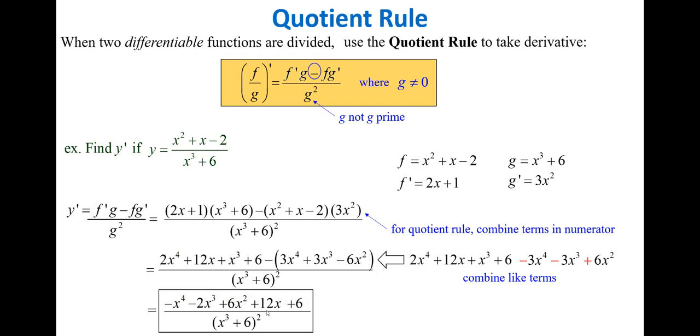The nice thing about quotient rule is that because it's division, because it's a fraction, it's a lot easier to recognize when you have to use quotient rule compared to product rule, when it's not always so obvious that it's multiplication.